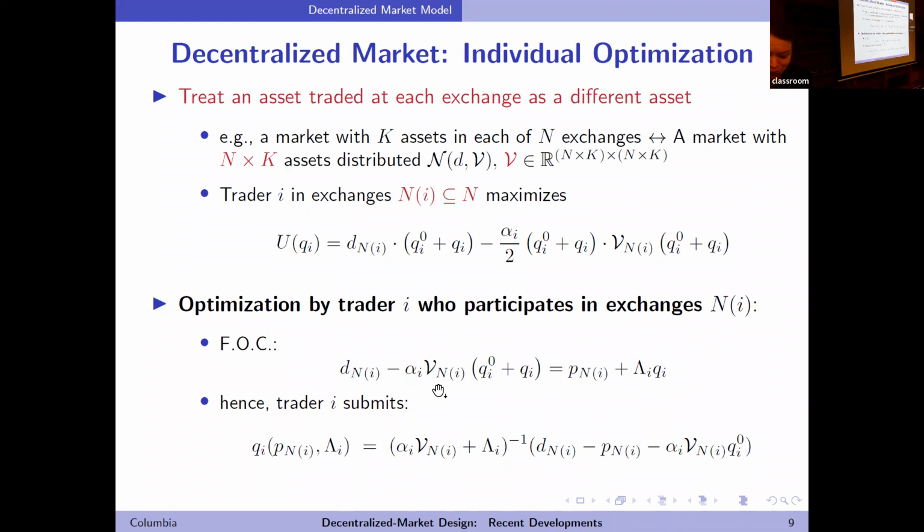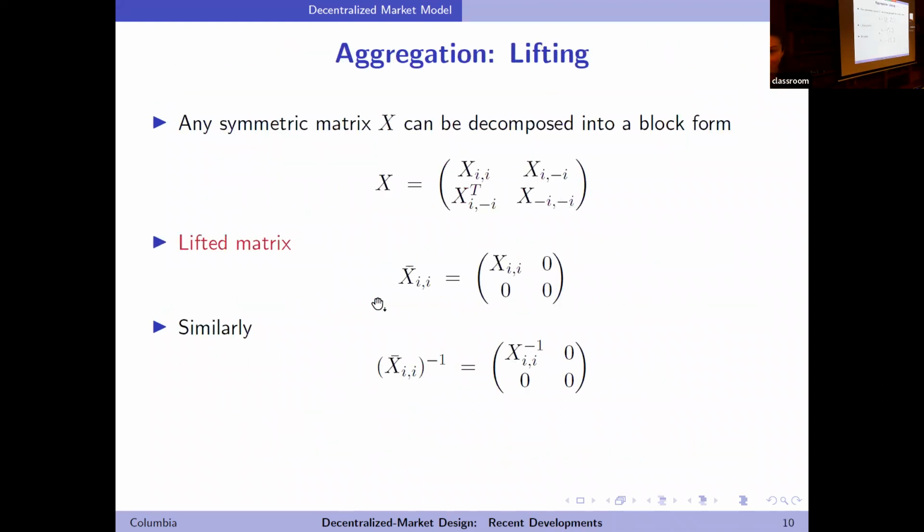All right, so let's use the procedure called lifting to aggregate demands in all exchanges. It's very simple. Any symmetric matrix X can be decomposed into a block form. Think of X as the script V, where X_II lives on the assets traded by agent I, and X_-I lives on the complementary subspace.